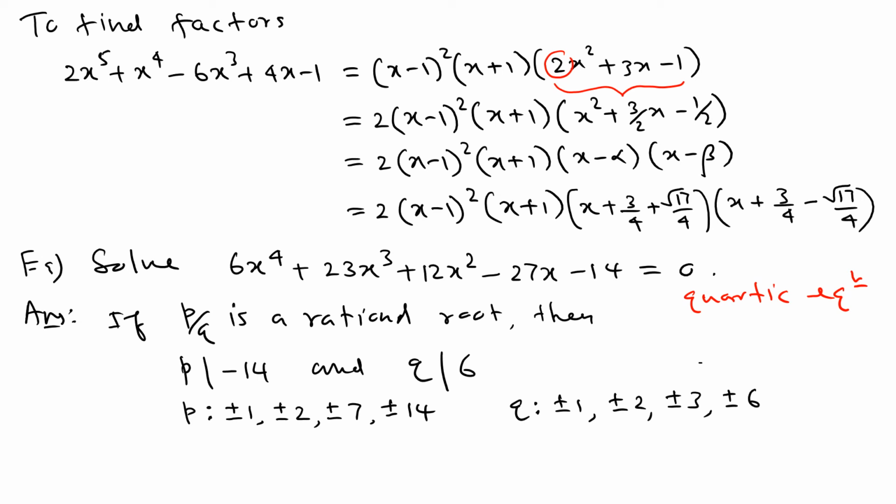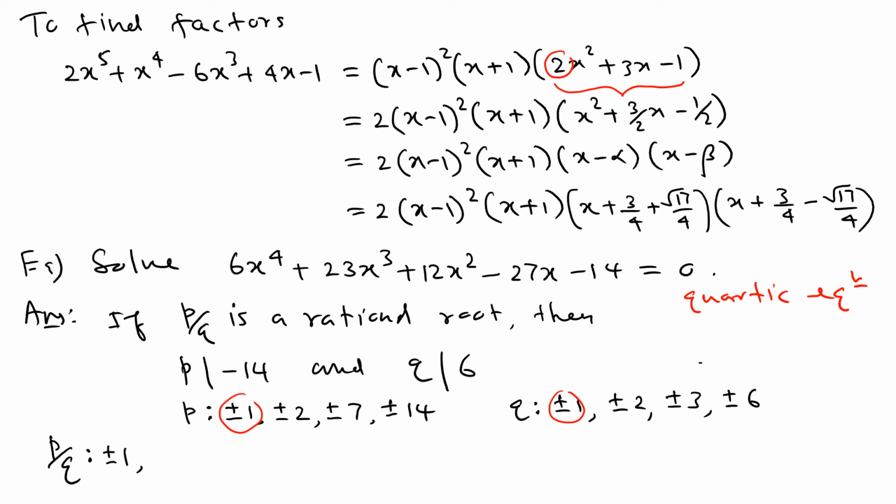So let's write the possibilities of P over Q. I'm going to start here because there are a lot of cases. I'm going to start with plus or minus 1 over plus or minus 1. That's going to give you plus or minus 1.